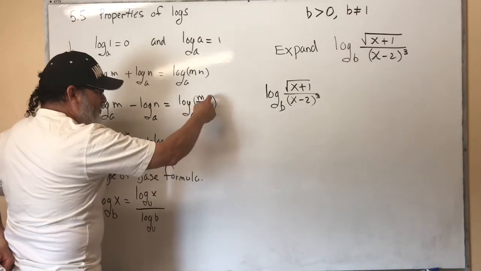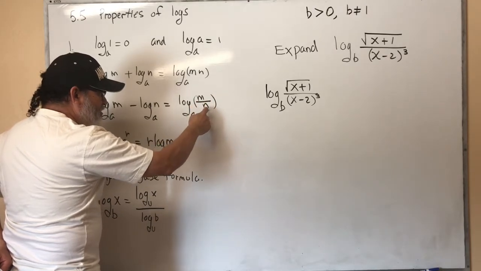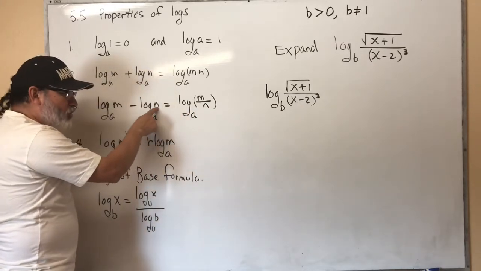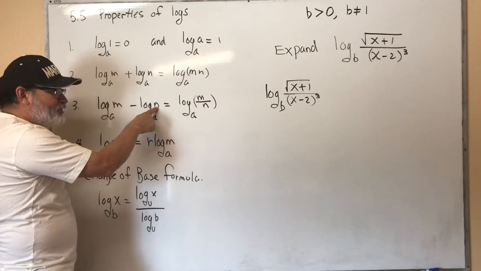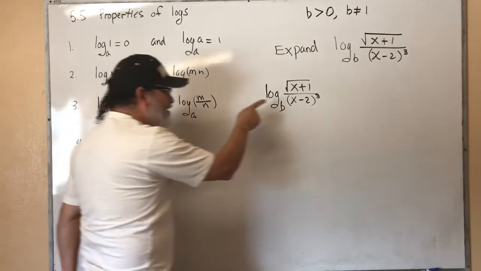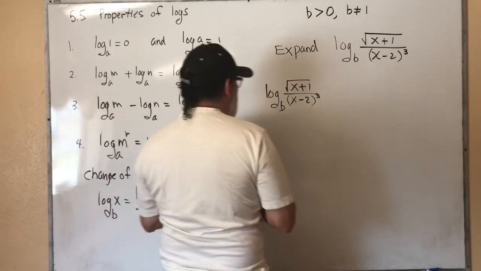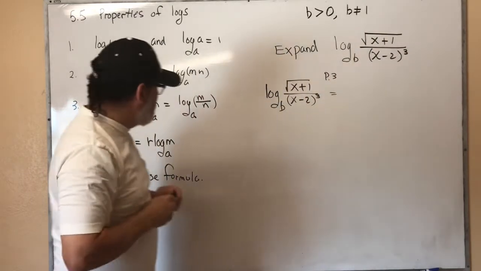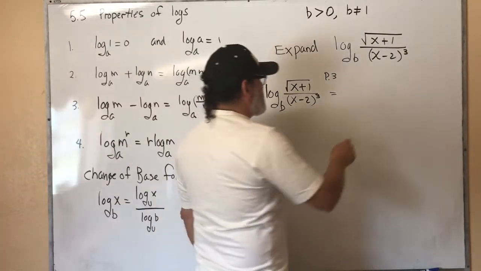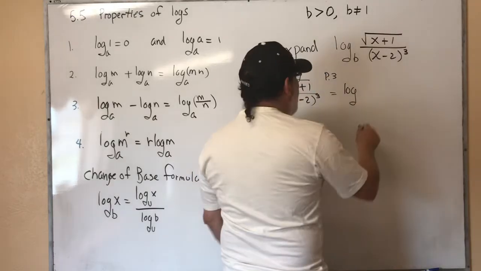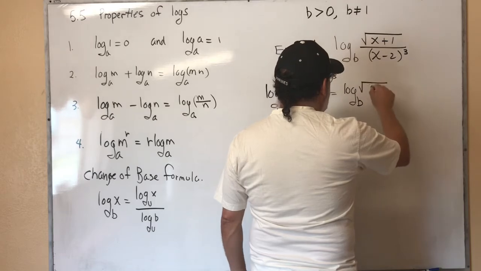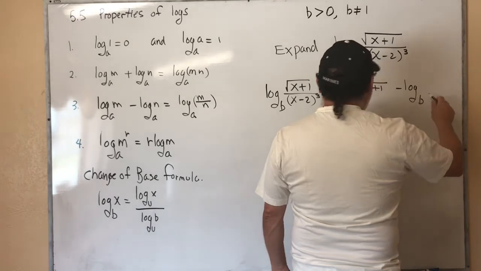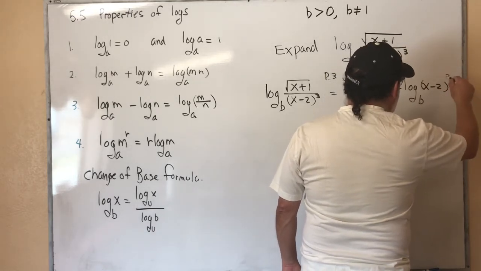The log of a numerator divided by a denominator equals the difference of the logs, and this denominator is in the second logarithm. By property number 3, this becomes the log base b of the square root of x plus 1 minus the log base b of x minus 2 to the third. See that?